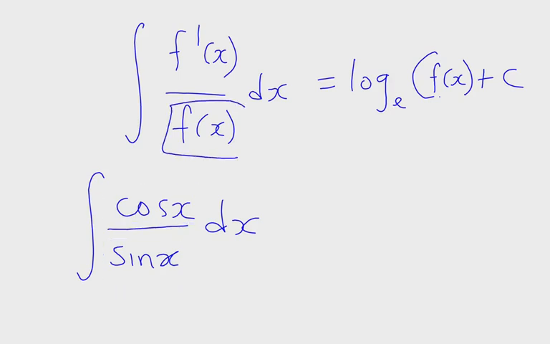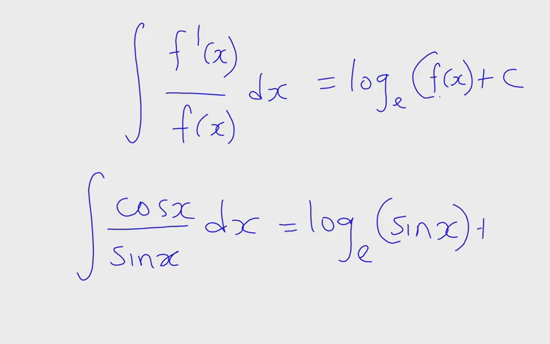When you differentiate f of x, you are going to have f prime of x. So the derivative of sin x is cos x. In that case, the answer will be natural log of sin x, natural log of f of x.